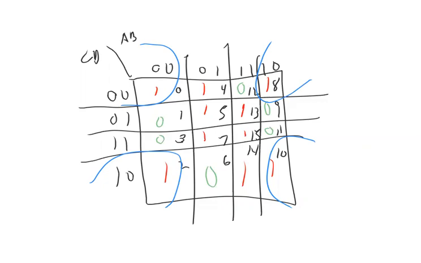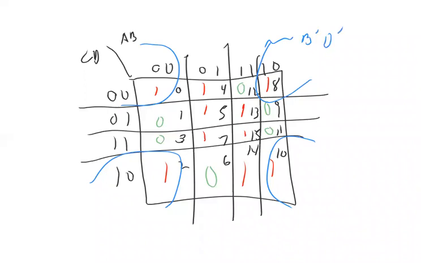Are you with us, Abe? It's the blue loop. How about Alex? What do we call the blue loop? The blue loop is B prime, D prime. There you go. Thank you.